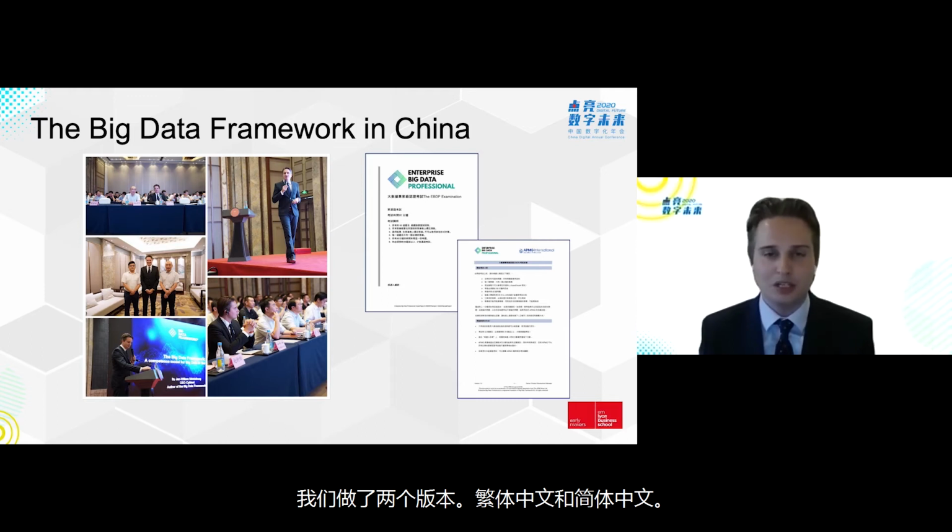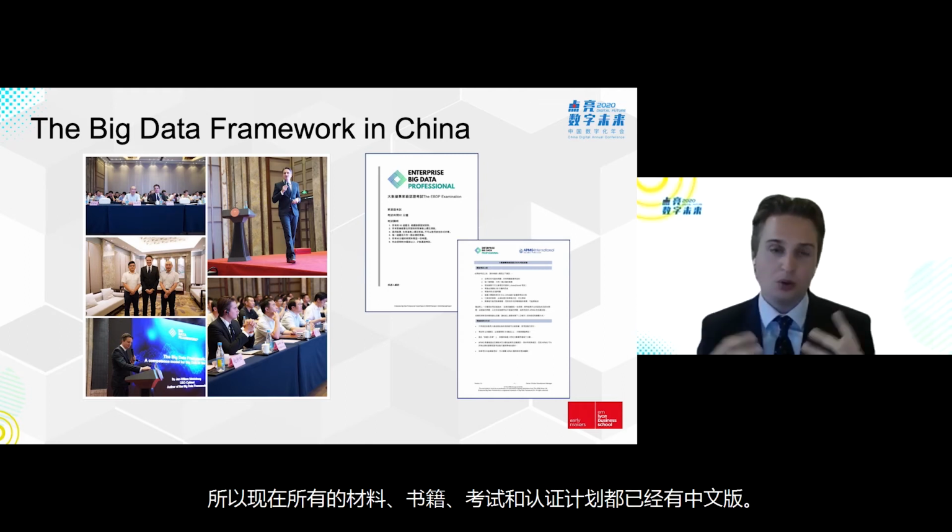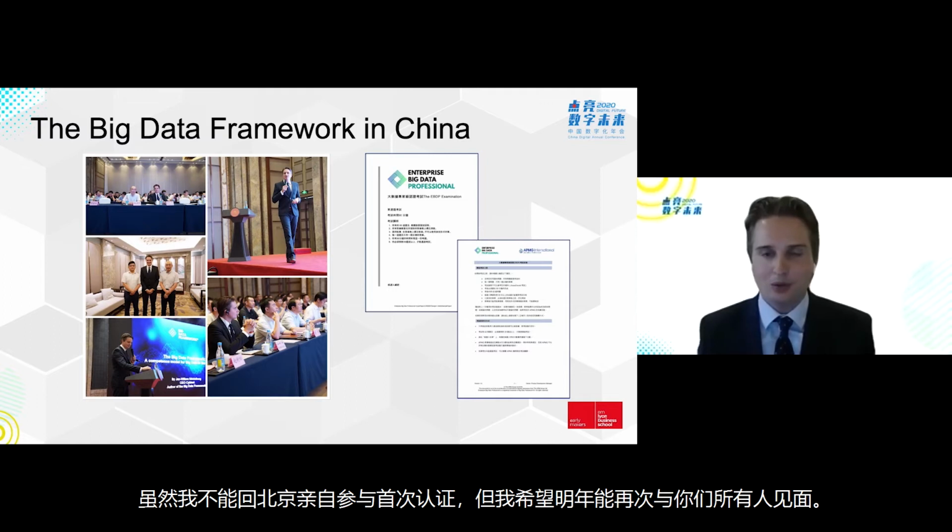One is in traditional Chinese, and the other is in the simplified Chinese version. So all of the materials, all of the books, all of the examinations, and the certification schemes are now available in Chinese language as well. And although I cannot take the first certifications this year in person back in Beijing, I hope to see all of you again next year.